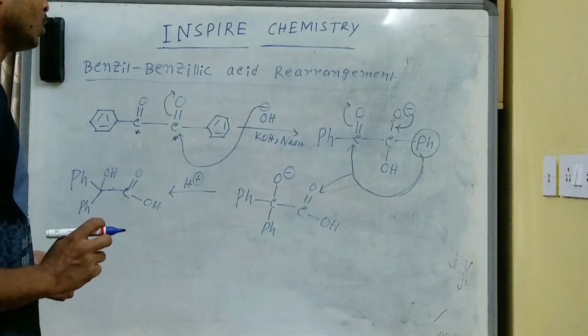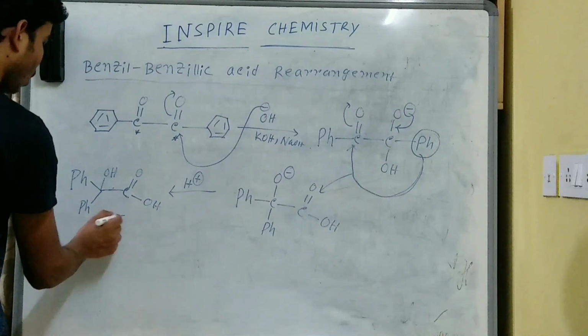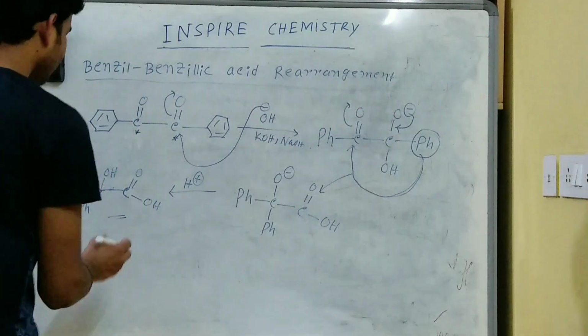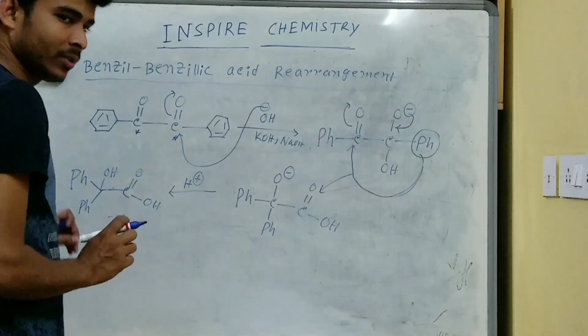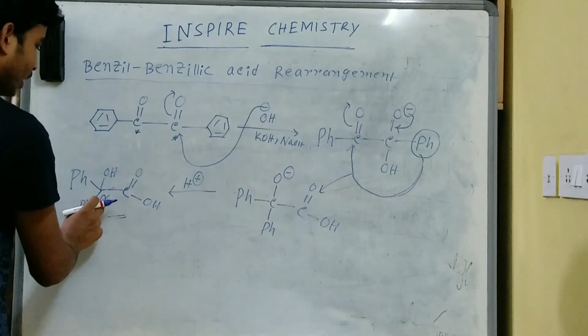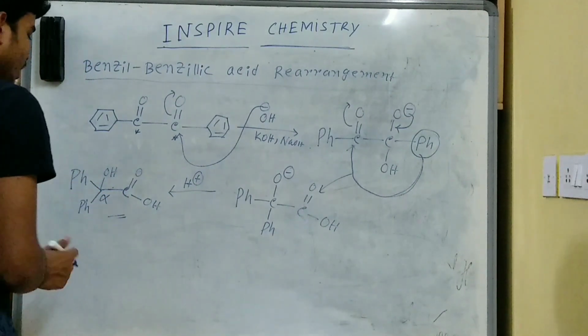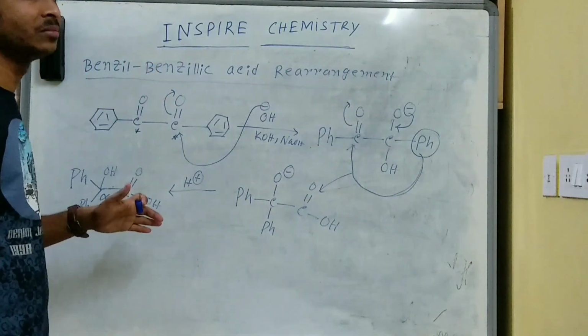So this type of product is formed here. This is called alpha hydroxy acid. Here it is the alpha carbon, so alpha hydroxy. This type of product is formed in this benzilic acid rearrangement.